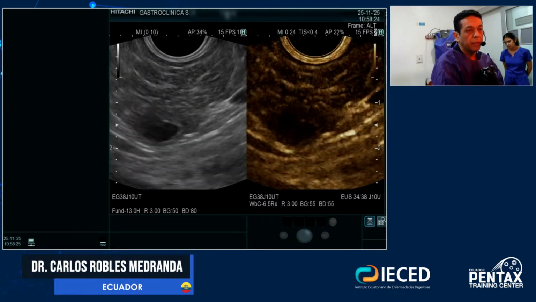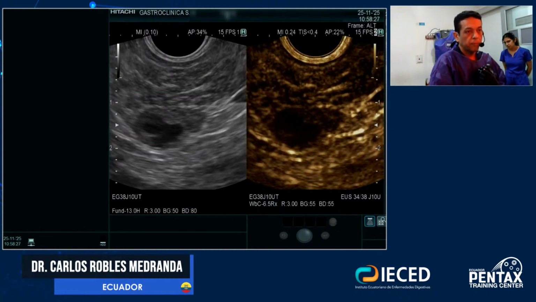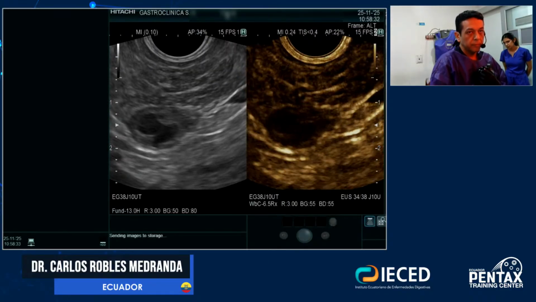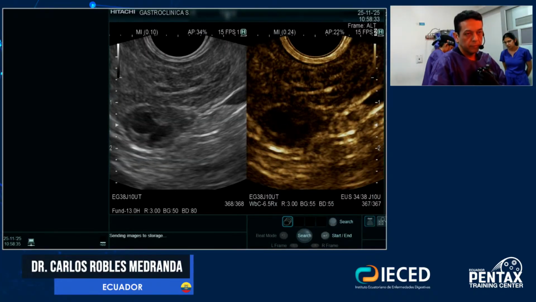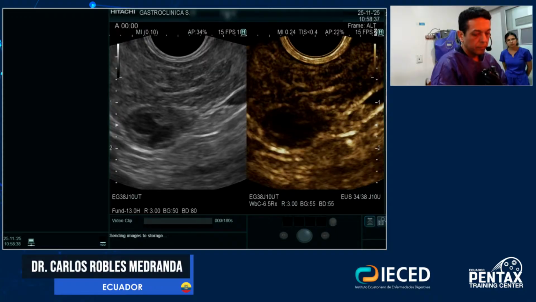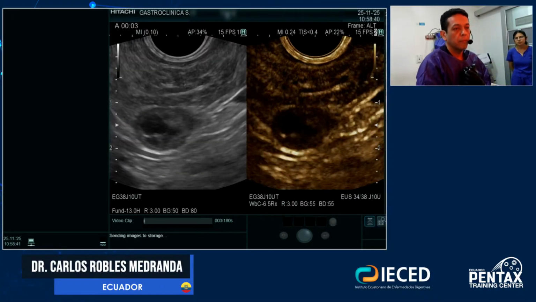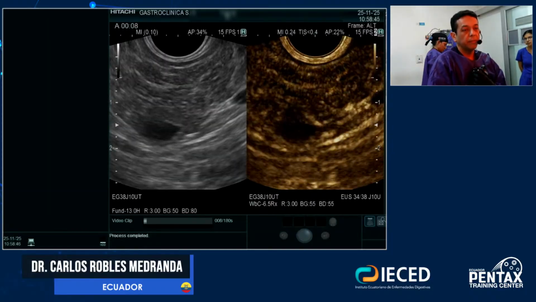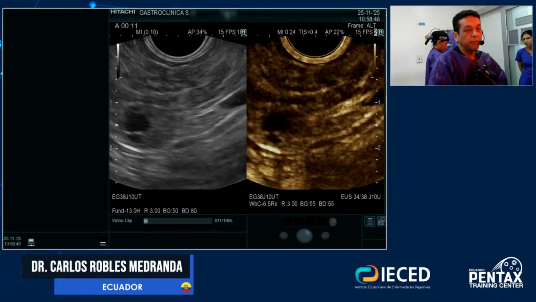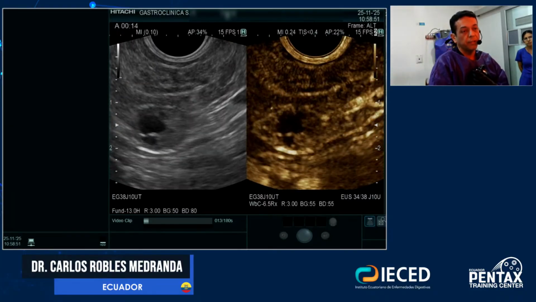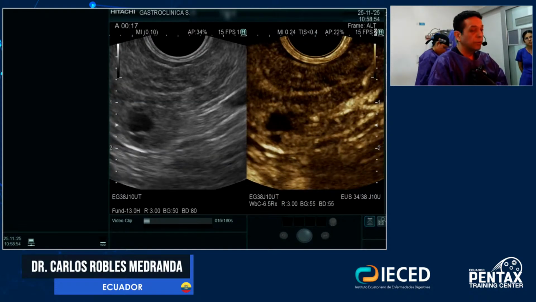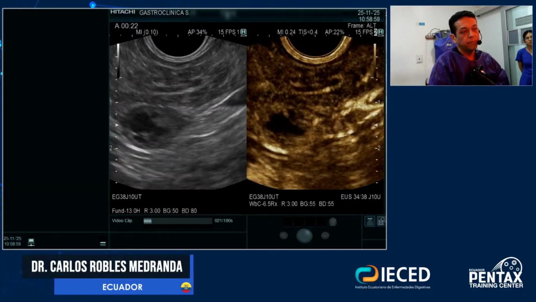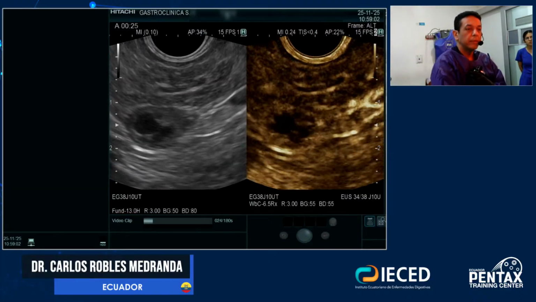So we see here, now we are putting contrast. And let's see. You see? Very similar captation, very high captation, you see here? So I believe this is a neuroendocrine tumor, no? You see? Very well. We can see very well.